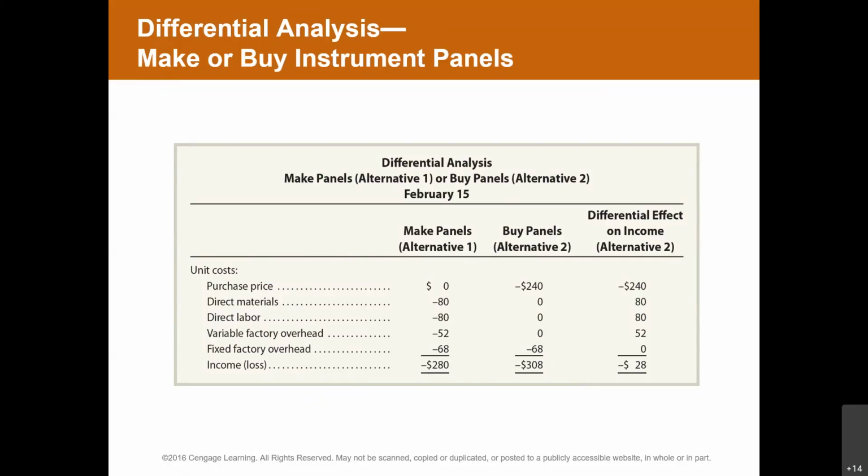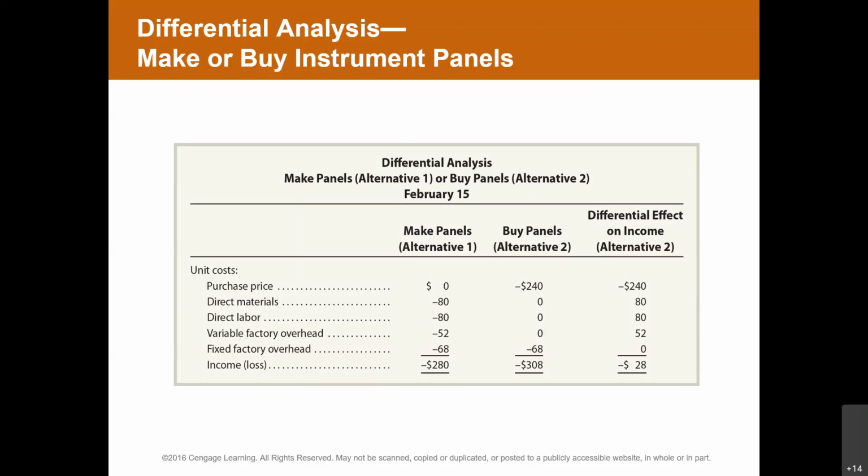Just like we talked about in an earlier slide, the fixed factory overhead exists regardless of either decision, because we still have to pay rent, the utilities, the insurance, all of that, regardless of whether we make or buy it. Because even if we buy it, we still have to store it in our facility, right? So now looking at the difference, which one would be better?